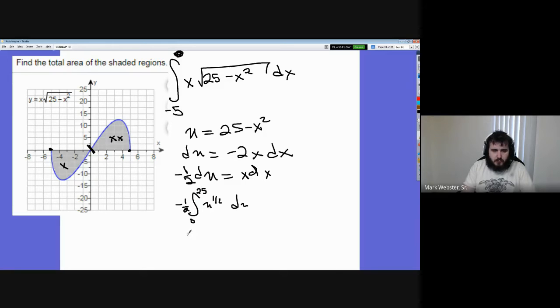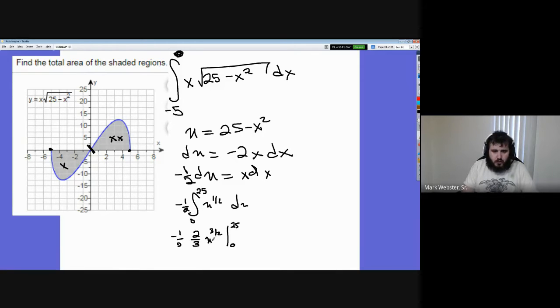So we're going to do this part. We integrate. This negative 1/2 out here stays. And then we integrate u to the 1/2 and we get 2/3 u to the 3/2 from 0 to 25. The 0 part, that's great. We don't have to think about that. That's just going to come out to be 0. This 1/2 and this 2/3 combine to make negative 1/3, right?